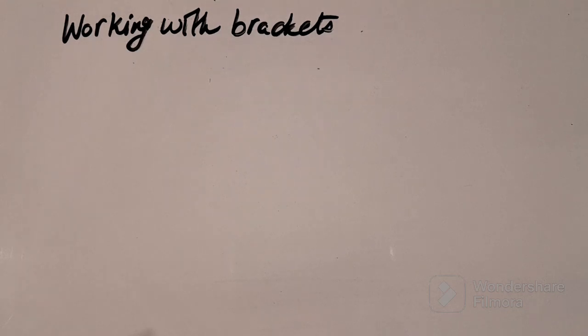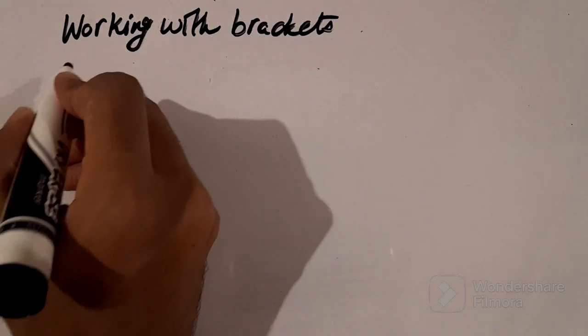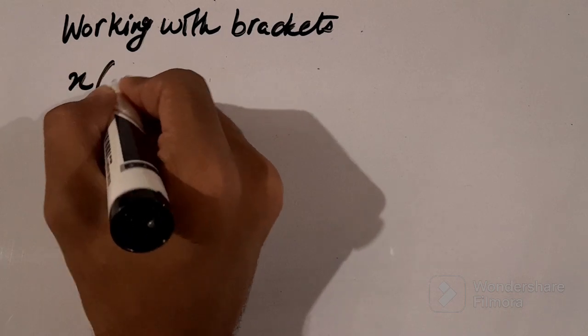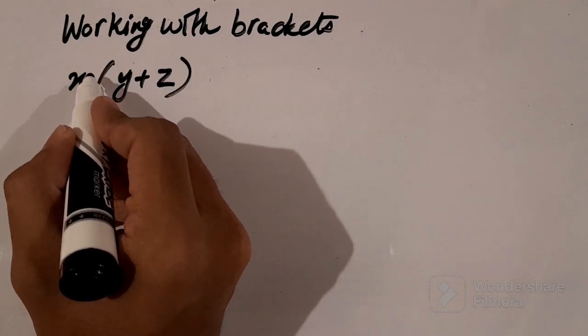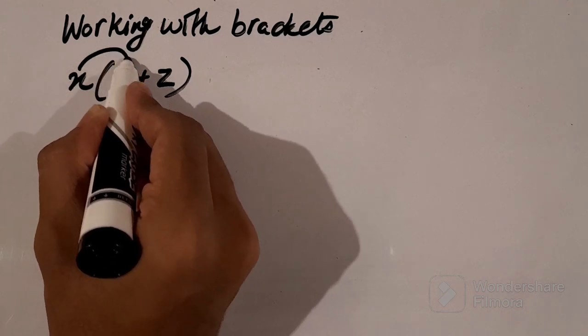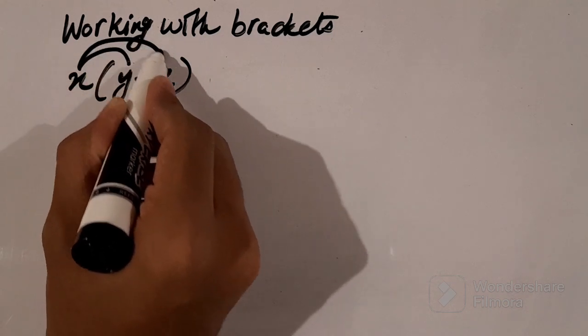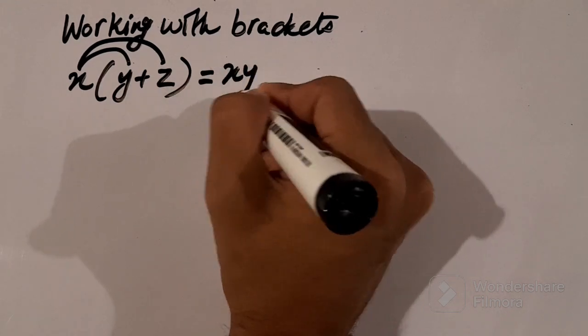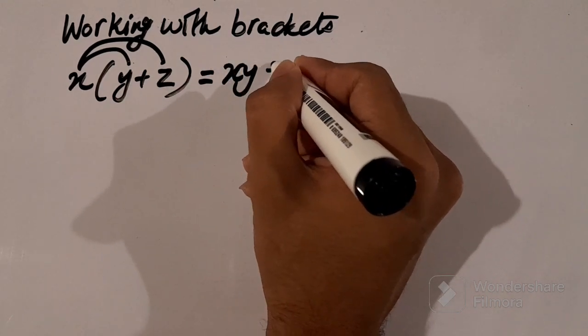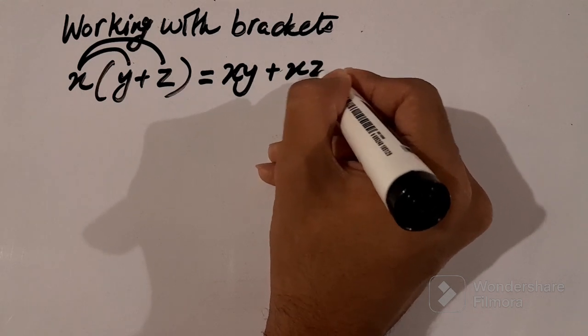For example, we have x(y + z). So what we will do over here is multiply x with y and multiply x with z. So this will be xy plus xz.